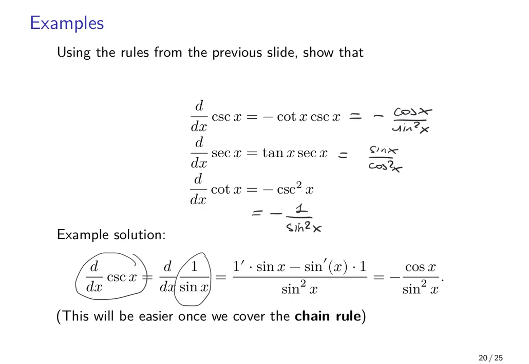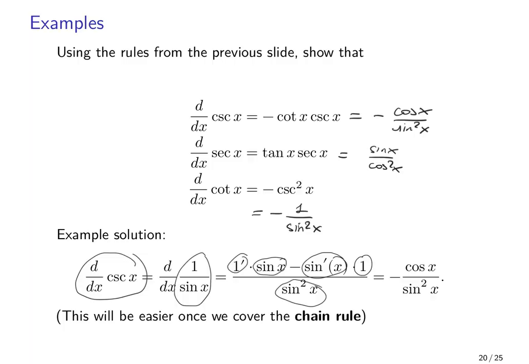Now, 1 divided by sine, that's a quotient of two functions, the constant function 1 and the function sine. You use your quotient rule, and you're going to get the derivative of 1 times sine minus the derivative of sine times 1, divided by sine squared.